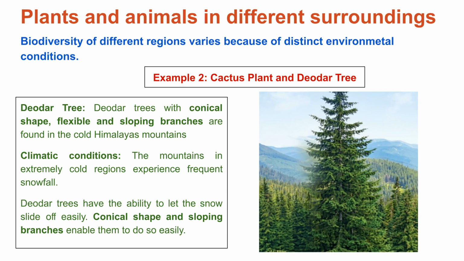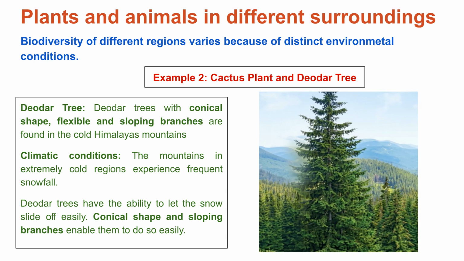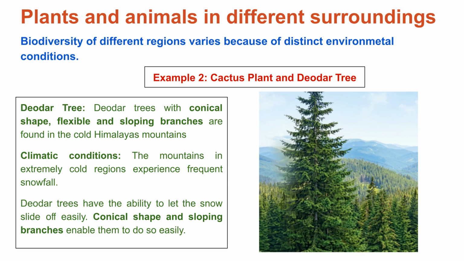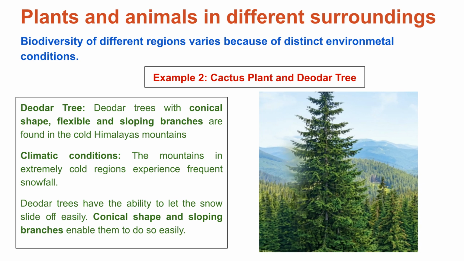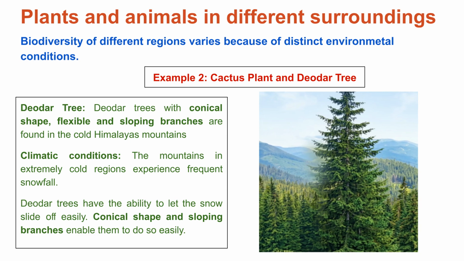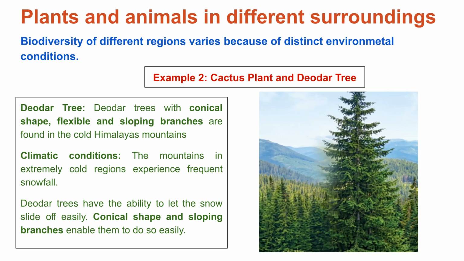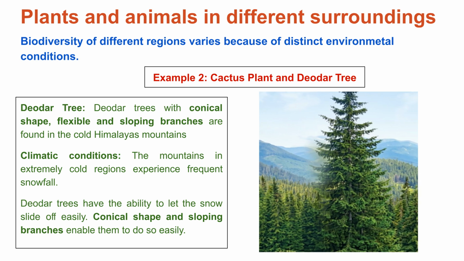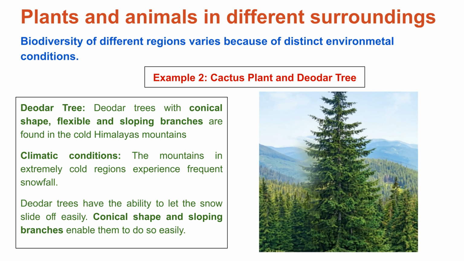So for that, these leaves have sloping branches, like नीचे की तरफ झुकी होती हैं, and the whole tree is of conical shape that enables them to survive in those cold surroundings very easily. So we can say that biodiversity of different regions varies because of distinct environmental conditions.